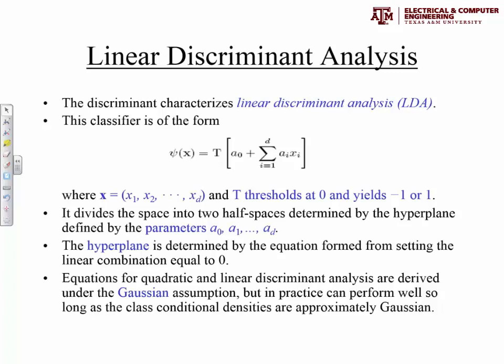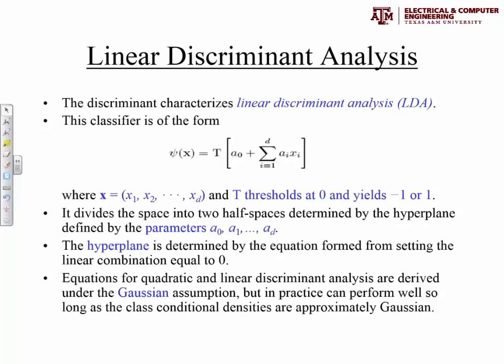And this classifier will be of this form, where the class label that it spits out corresponding to a feature vector is basically a linear combination of the components of that feature vector, plus some constant, and then you threshold this. Where x is x1, x2 up to xd, these are the components of the feature vector, and t will threshold at 0 and yield a -1 or a +1.